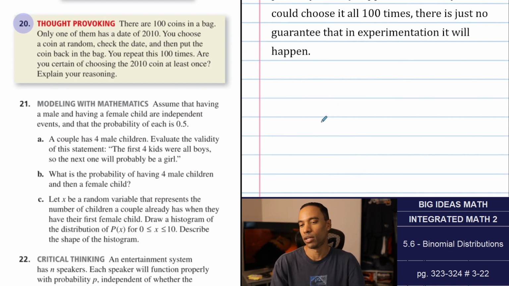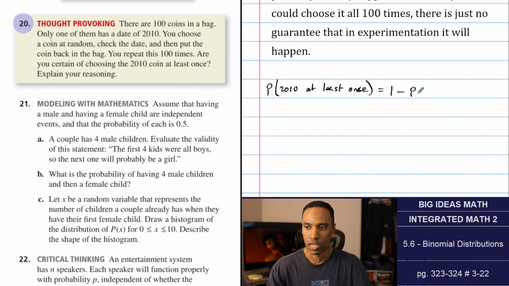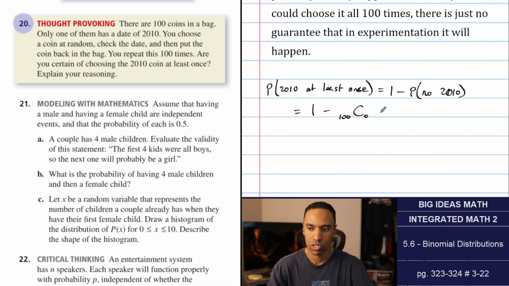So here's the idea, right? The probability of getting the 2010 at least once is 1 minus the probability that you don't get it at all. No 2010. So what's the probability of no 2010? That's 1 minus 100 choose 0. You have a 1/100th chance of getting it, but we're going to get it no times, and then you have a 99% chance of not getting it.